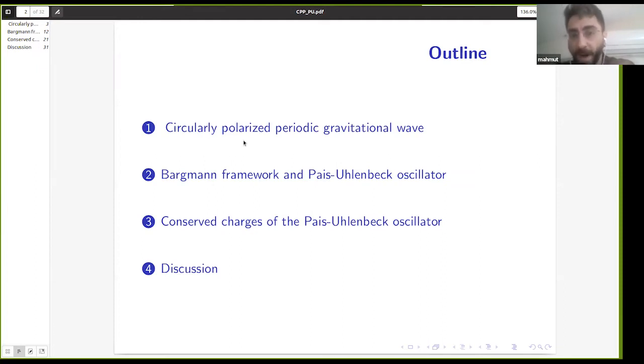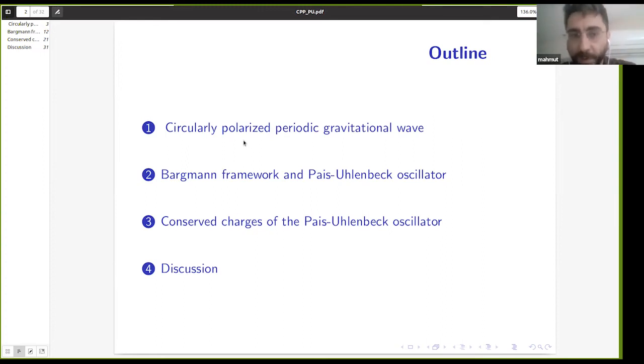Therefore, this Bargmann framework is very nice, because while you are trying to solve the geodesic equation of motion, you do two things at the same time. You are actually solving the geodesic motion of the underlying non-relativistic system. And since the symmetry properties of these plane waves are very well known, if you lift the non-relativistic system, you can investigate the symmetries of the non-relativistic system at the same time.